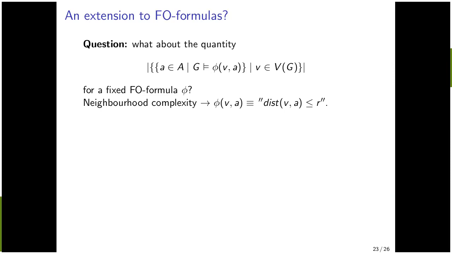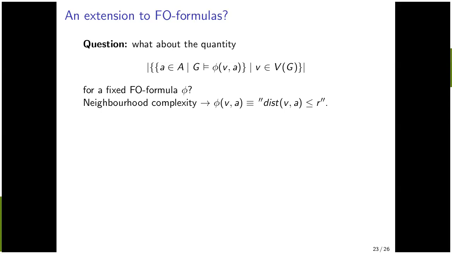Okay, so now on this slide, I will talk about an extension of neighborhood complexity to a more general first order formula. The observation is that the intersection between A and a ball of radius r is exactly the set of vertices in A that satisfy the formula: the distance between v and A is at most r. And now we can replace this formula by some other first order formula.